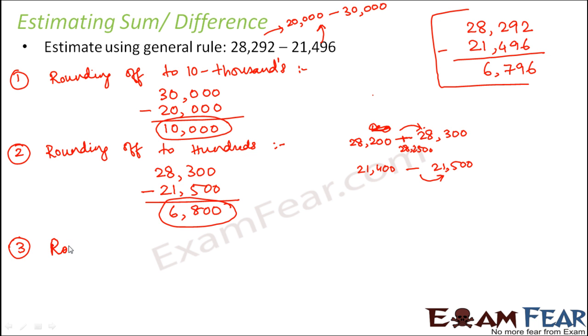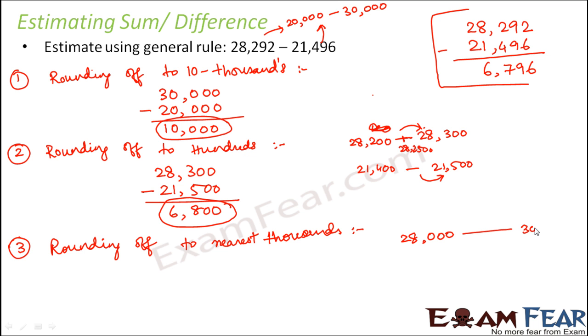Now in the third scenario, let us round it off to the nearest thousands. In the first case, we rounded off to 10,000s; now we will round it off to thousands. 28,292 lies between 28,000 and 29,000, because now we are considering the nearest thousands place.